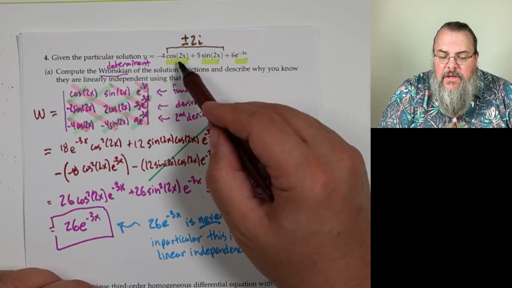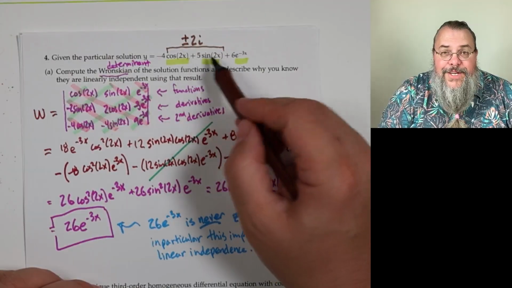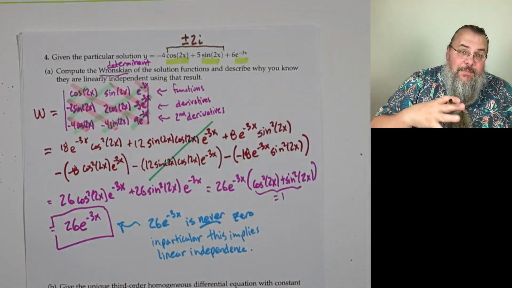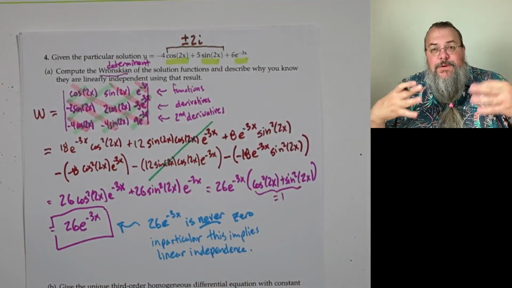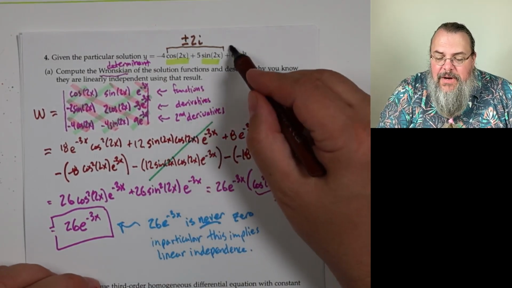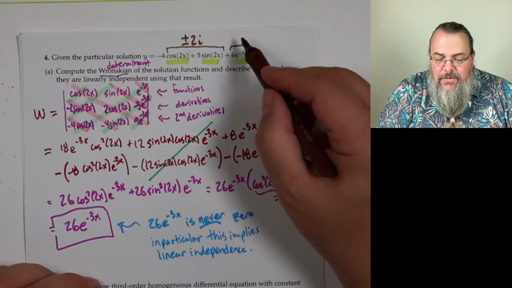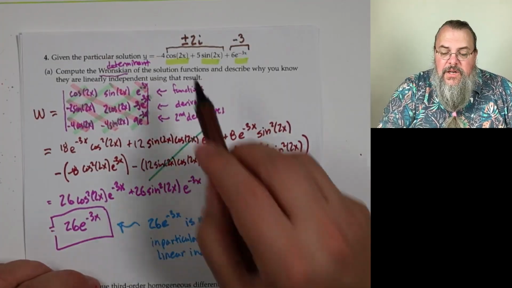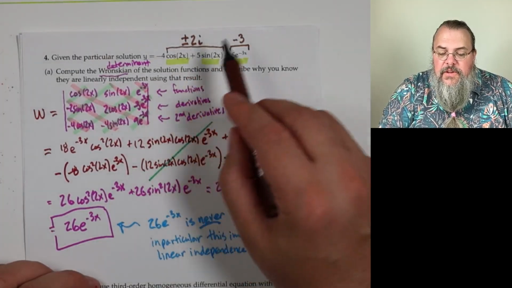The 2 being the part that there's a cosine, or the sine, the inside piece. There's no real part, because the real part would be attached as an exponential function. The e to the minus 3x, well, that says there's a root of minus 3. So we know the roots, plus minus 2i and minus 3.